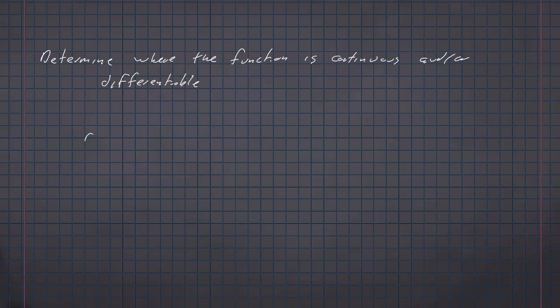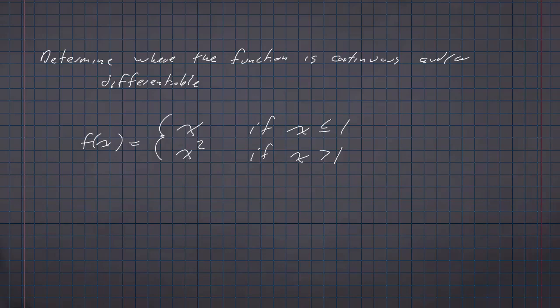Let's take a look at f of x is equal to x if x is less than or equal to 1, and f of x is equal to x squared if x is greater than 1. Determine where the function is continuous and or differentiable. Where it's continuous, where it's differentiable, where it's both, where it's one but not the other, where it's neither. Take a few minutes, play around with that idea, see what you come up with, and I'll see you in the next lesson.